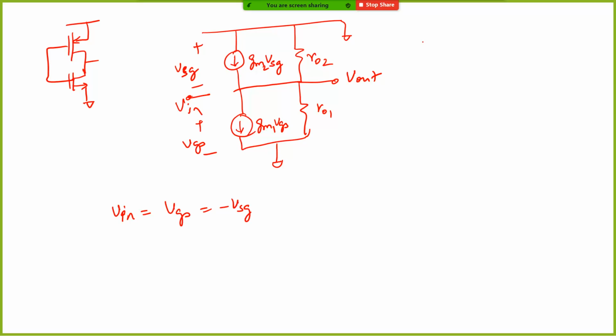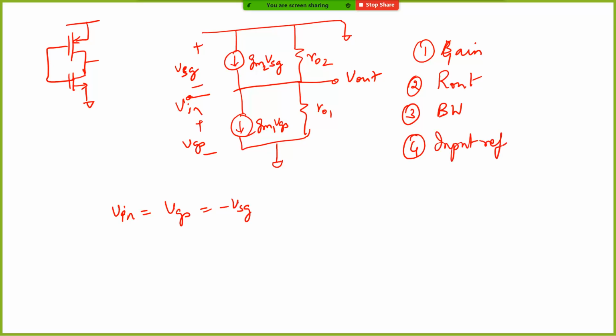I will give this as an exercise where you can find out the gain, the Rout, the bandwidth, and the input referred noise. I would encourage you to do it. Input referred noise, as I mentioned: you have two transistors in saturation, so two noise current sources will be adding together at the output node.